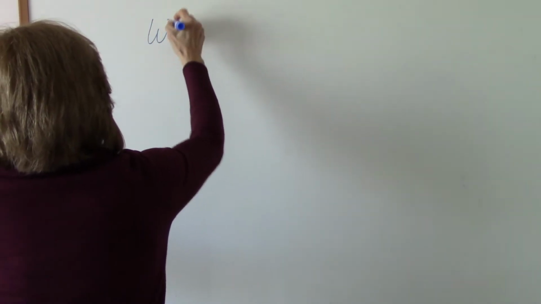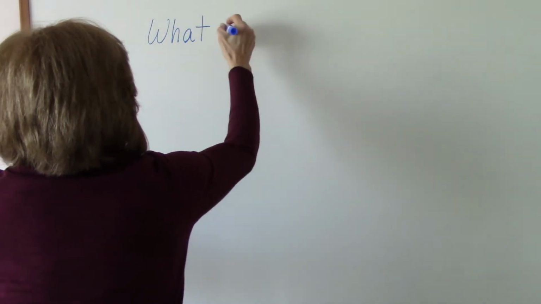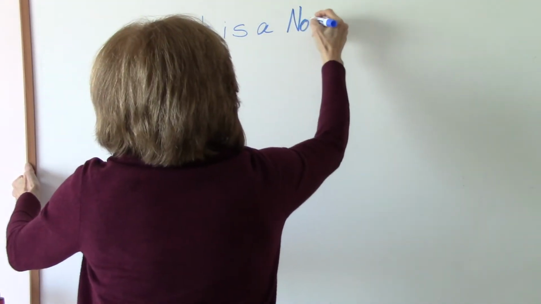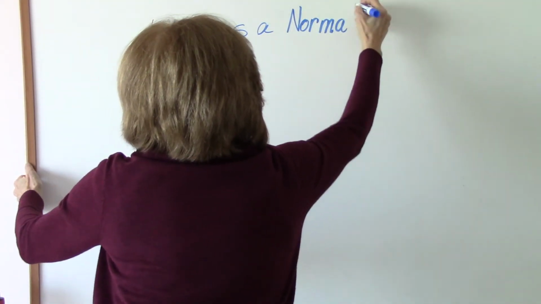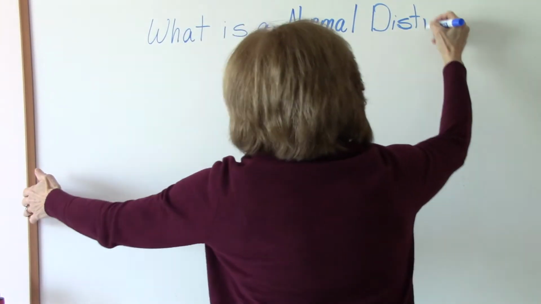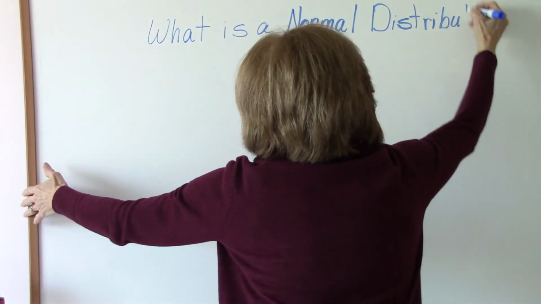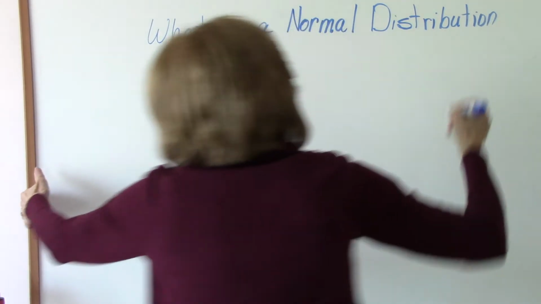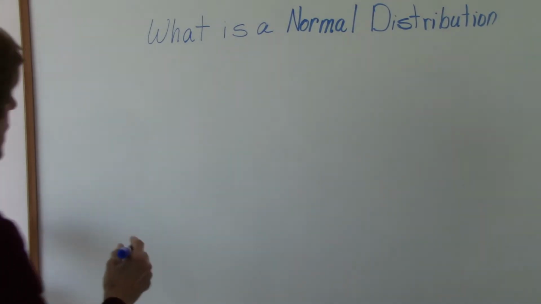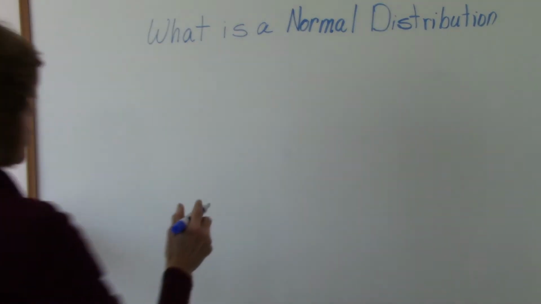All right, so what is a normal distribution? A normal distribution is when data is graphed and we have a smooth curve.